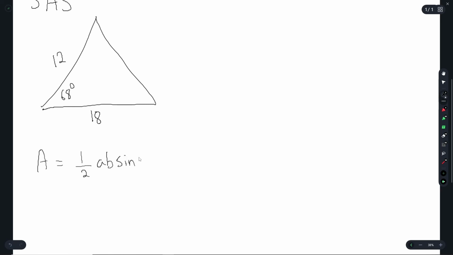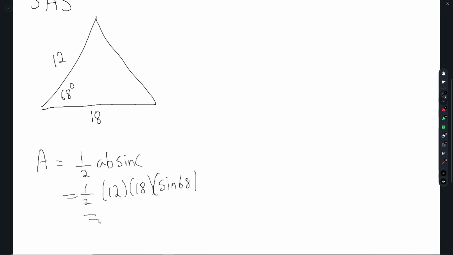Here it will be C. So 1 over 2 times 12 times 18 times sine C, which is 68. You put it on a calculator and you get 100.13. That's your area.